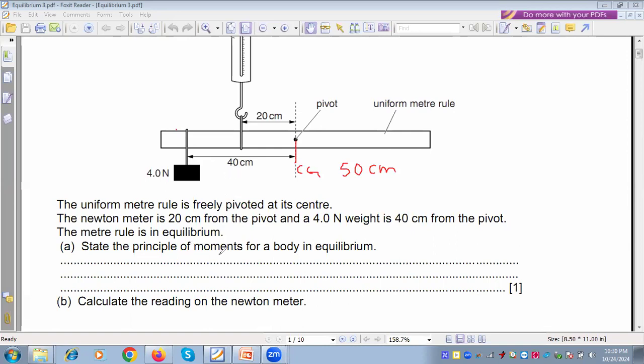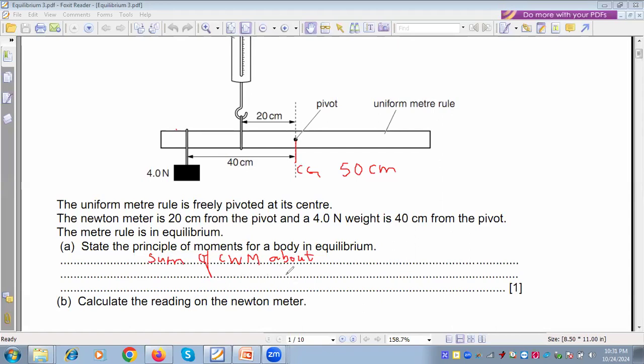State the principle of moments for a body in equilibrium. So, what is the statement? Sum of clockwise moment, here I am writing, clockwise moment about a point. There can be more than one moment about a point in one direction. There will be two clockwise moments, one anti-clockwise moment.